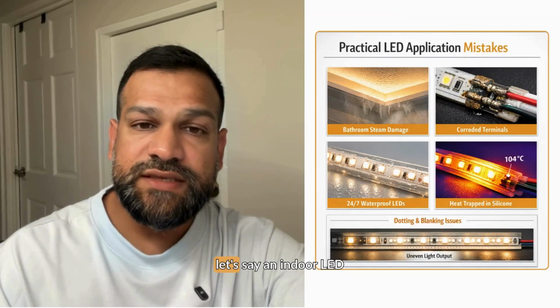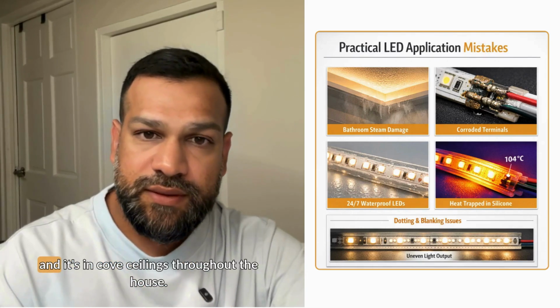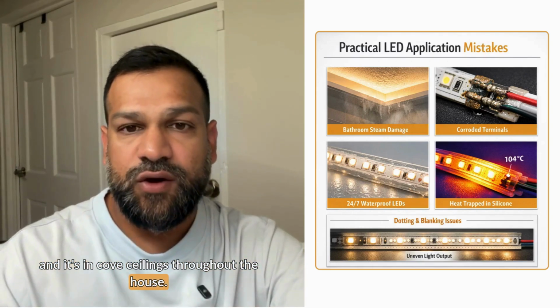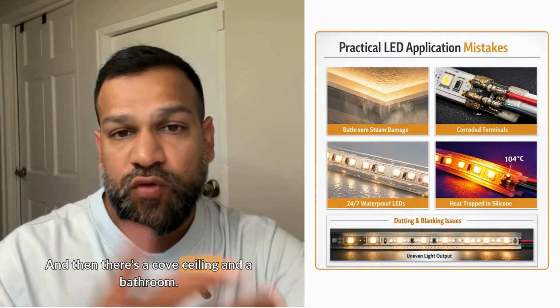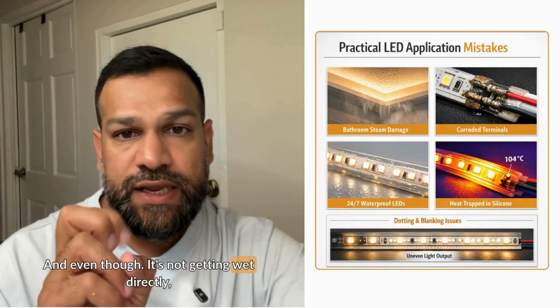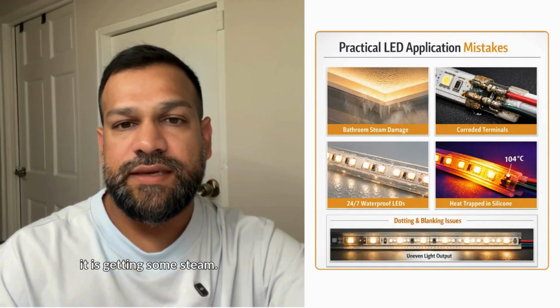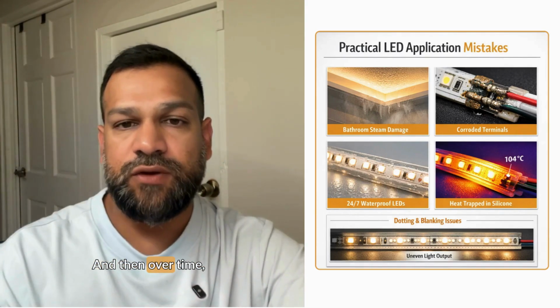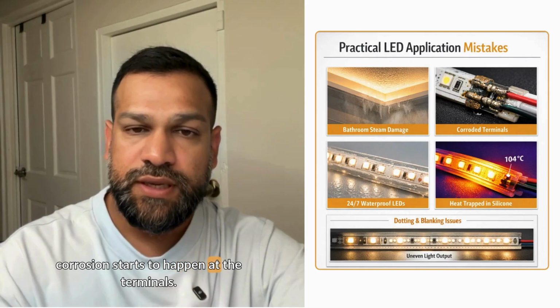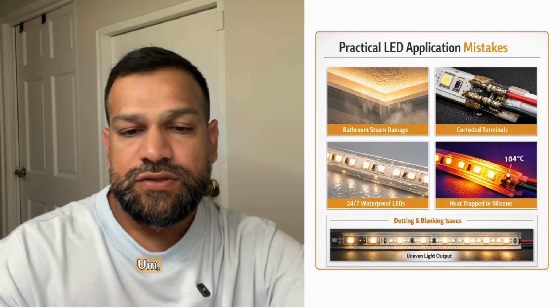Or let's say an indoor LED, and it's in cove ceilings throughout the house, and then there's a cove ceiling in a bathroom, and even though it's not getting wet directly, it is getting some steam, and over time corrosion starts to happen at the terminals.